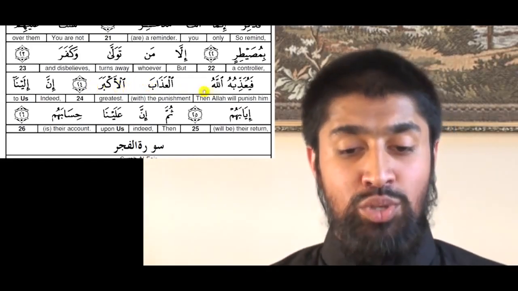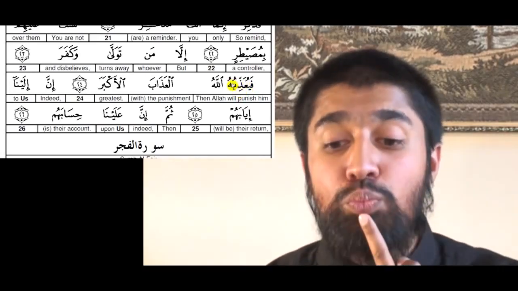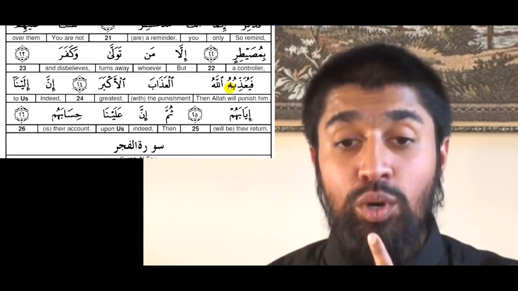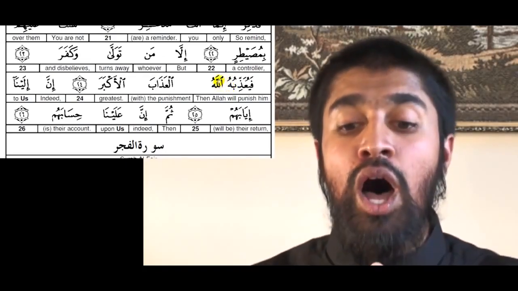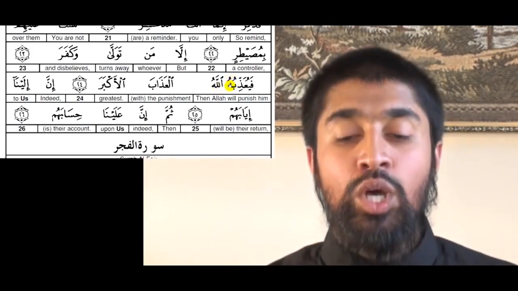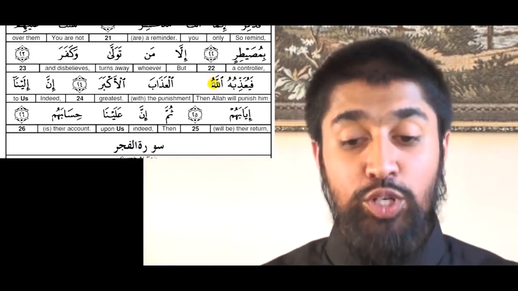الْعَذَابَ الْأَكْبَرَ. Let's try 24 together. فَيُعَذِّبُهُ اللَّهُ. First part of the throat. Hullahu. Lam is heavy because the letter before it has something on top. Hullahul. Hul. First part.